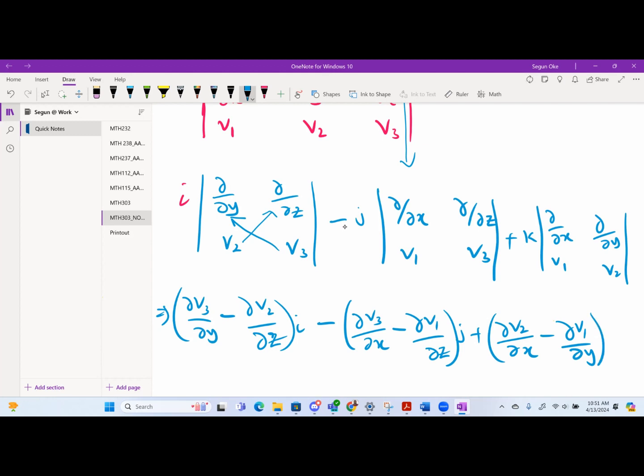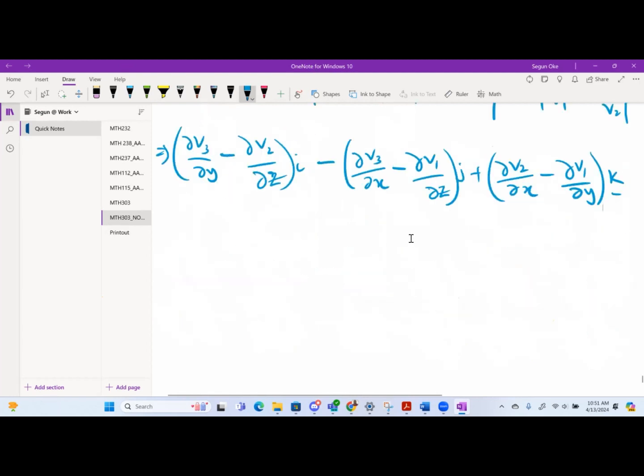So this is k. So now we have the definition of each of them. There are operators, and there are ways of solving them. Let's look at those formulas before we go into examples.